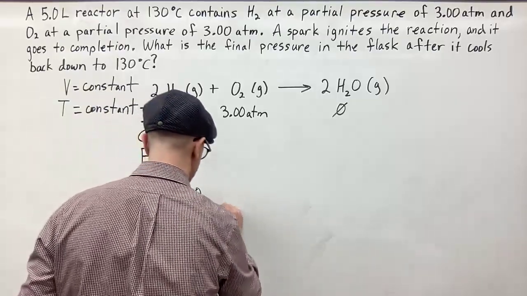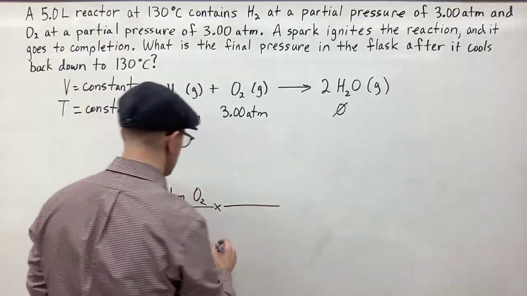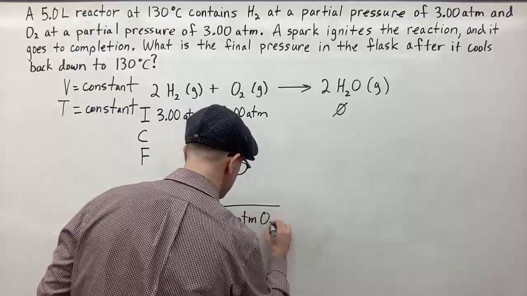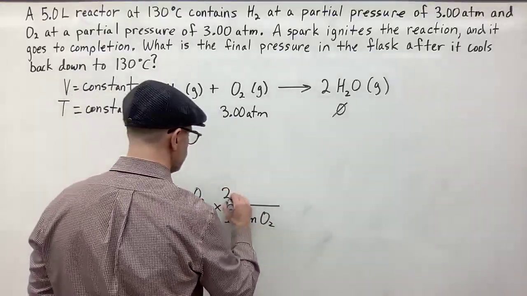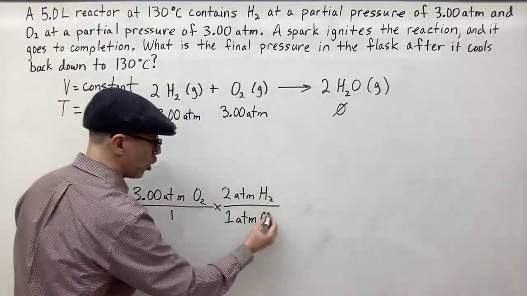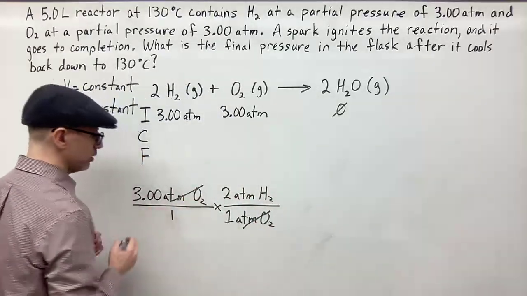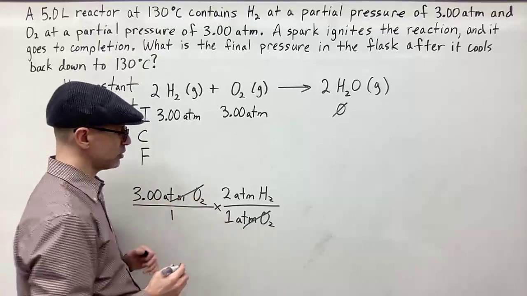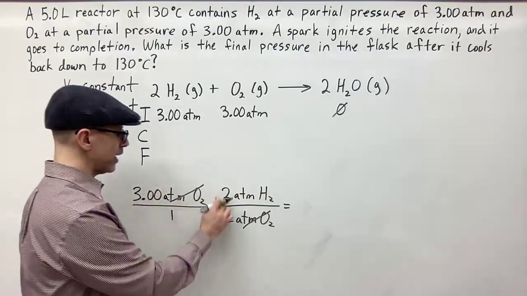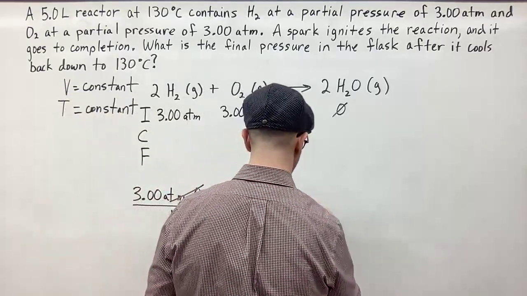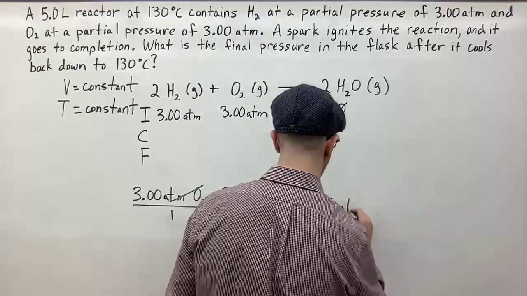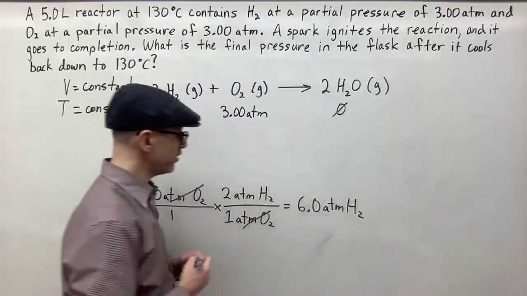So I can use that as a conversion factor. 1 atmosphere of oxygen on the bottom, 2 atmospheres of hydrogen on top. So atmospheres of oxygen cancel out, and I'm left with atmospheres of hydrogen. 3 times 2 gives me 6.0 atmospheres of hydrogen. So what does this tell me?